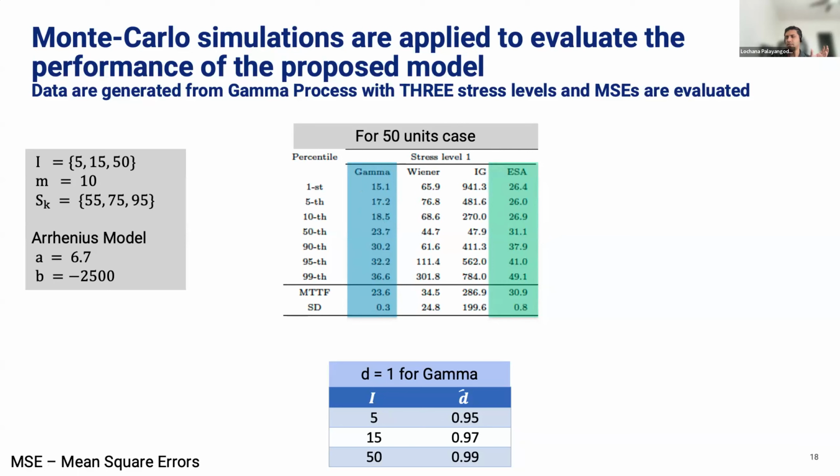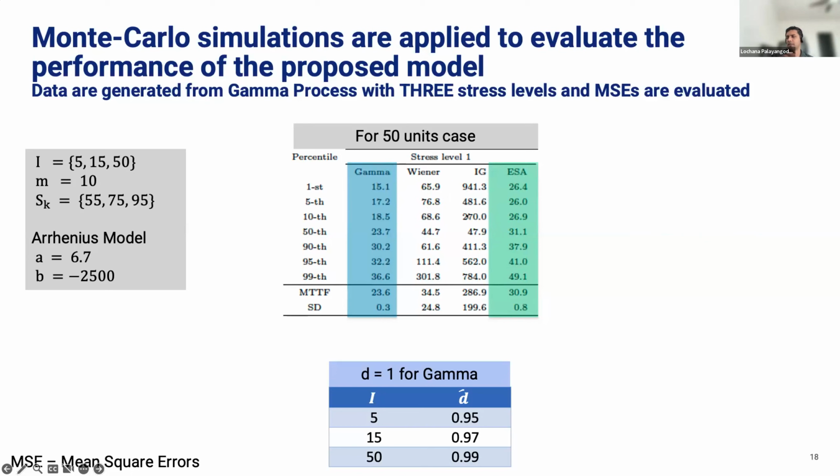We generate the data from a specific type, the gamma distribution, and then check with other distributions what happens to the failure time. These are percentiles, like the first percentile and the 50th percentile. The Wiener process and inverse Gaussian process did not perform well, which is the misspecification error we can easily see when you model gamma data with Wiener or inverse Gaussian. But our method, in green, has the lowest errors compared to the other two methods.